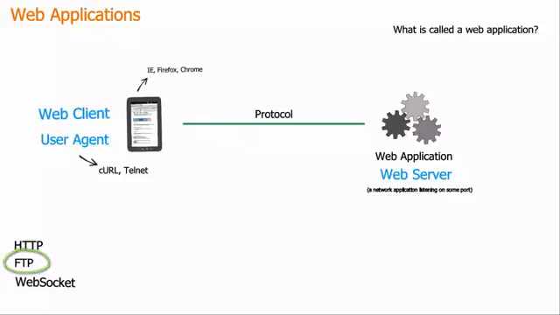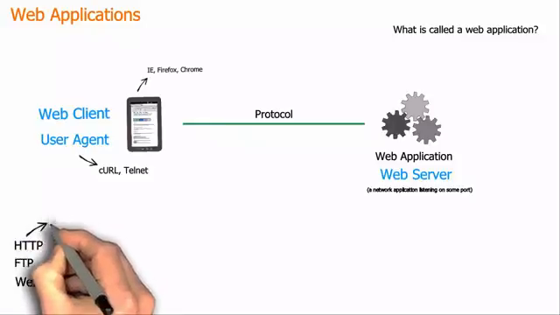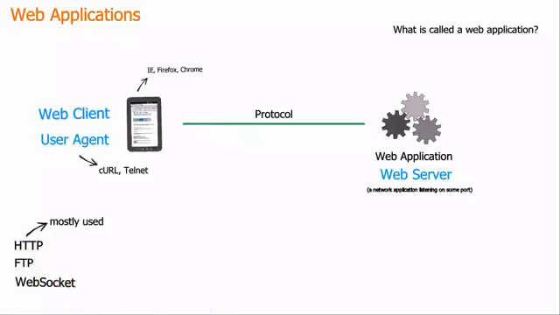And among all these protocols, the HTTP protocol is the most used protocol between the web client and the web server. That means most of the time the web client and the web server speak to one another using the HTTP protocol. And in fact, in this whole tutorial, we are going to focus only on the HTTP protocol.